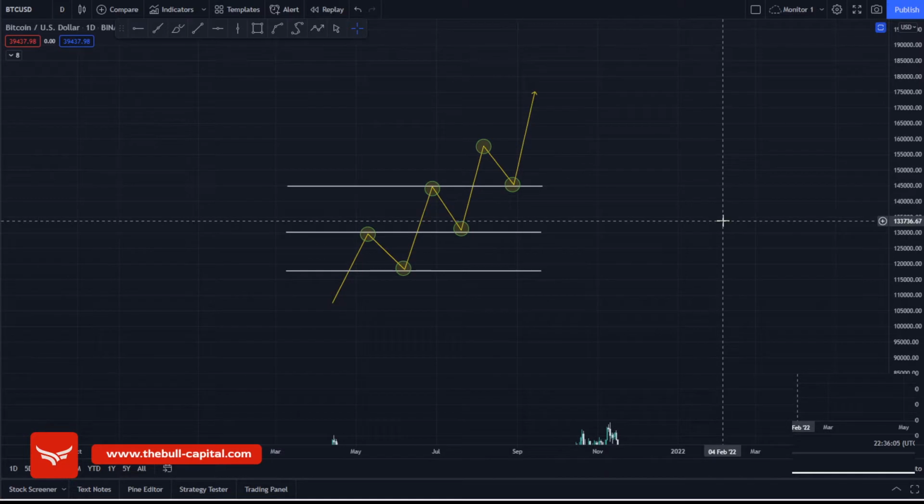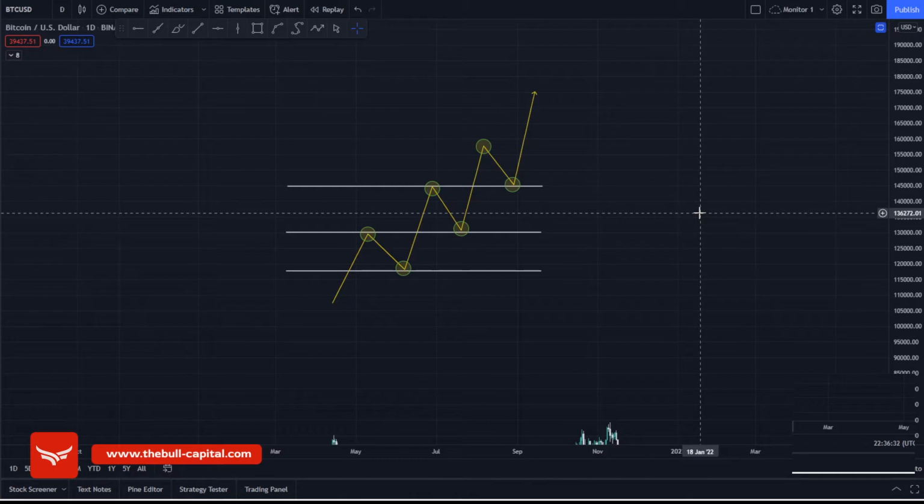Now that you learned about swings, what the swings are and how they move, and you learned how to draw levels, we're now going to learn about entries and exits for the levels.